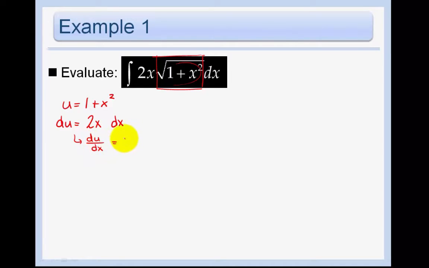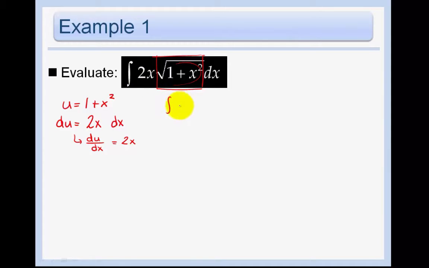Another way to think of this would have been we were taking the derivative of u with respect to x and we got 2x, or we could just put it like this, because in the next step we're going to do our u substitution. So we're going to rewrite this as, you see this is now my du.